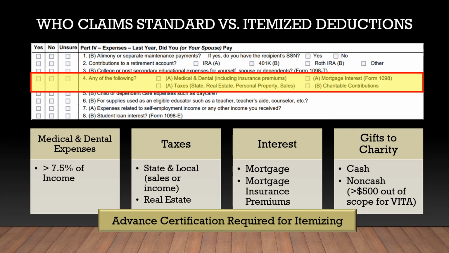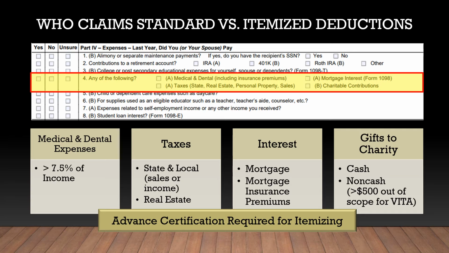So you don't see this too often, just because that threshold is quite high. It's quite a bit for somebody to spend 7.5% of their income on medical expenses. But you do sometimes see it.